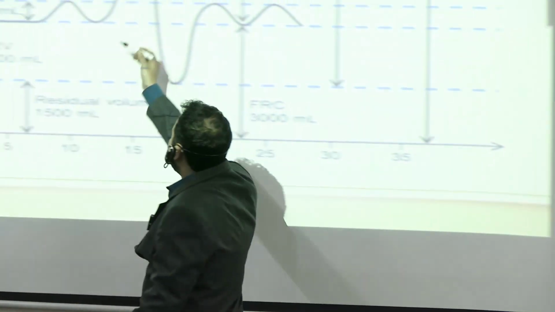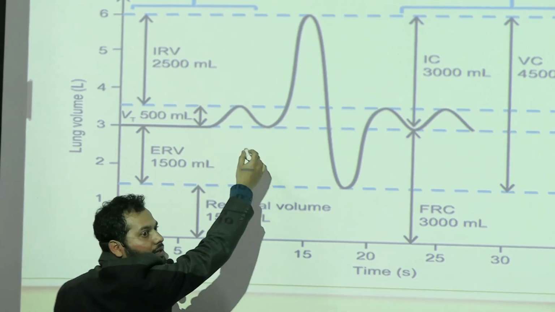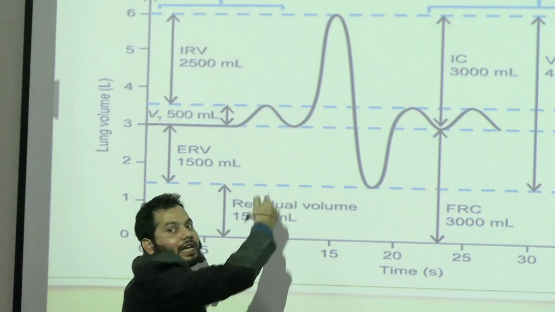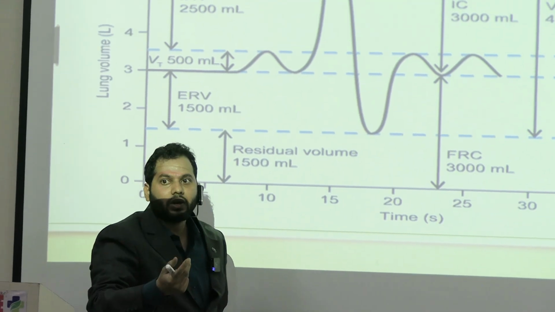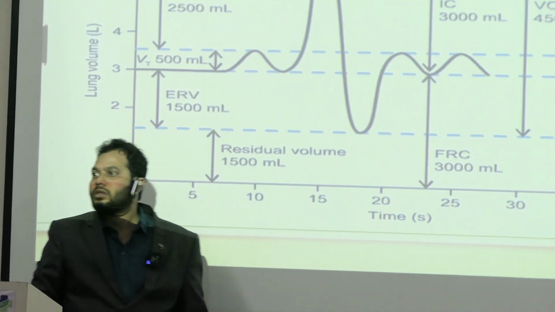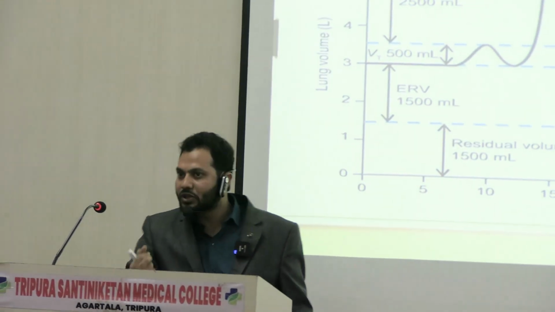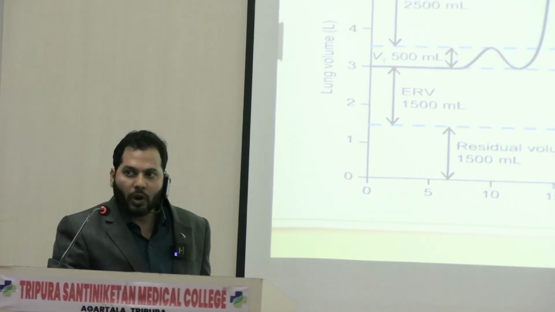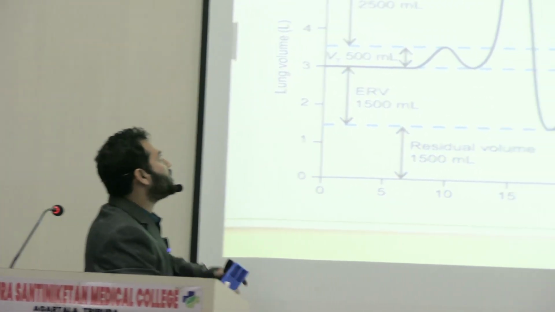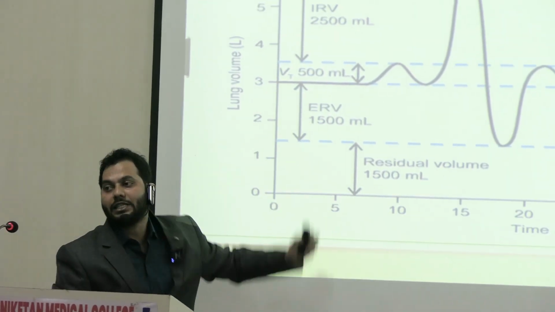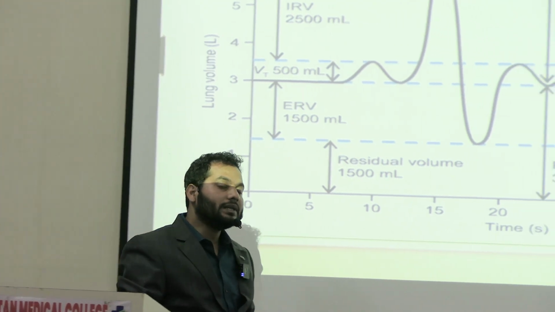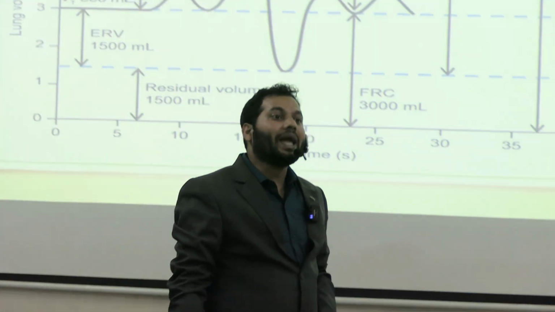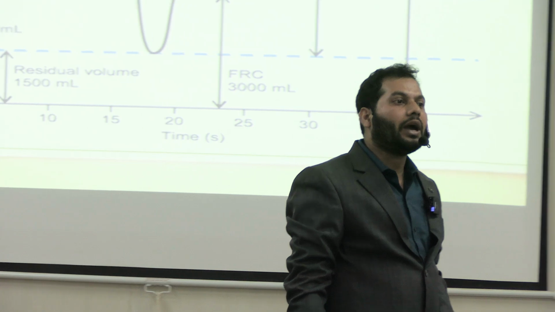See this one. This is the normal breathing process: inspiration, expiration, inspiration, expiration. But during forceful inspiration, the muscles help to inhale more air, which leads to changes in the volume here, the inspiratory reserve volume. At the same time, in some cases, we need to exhale more air.